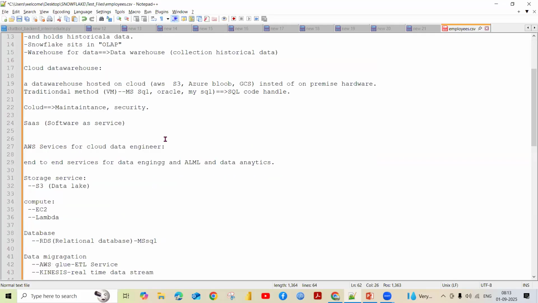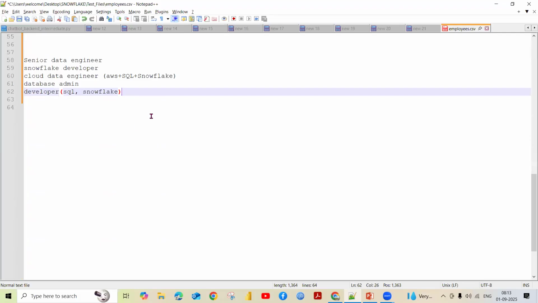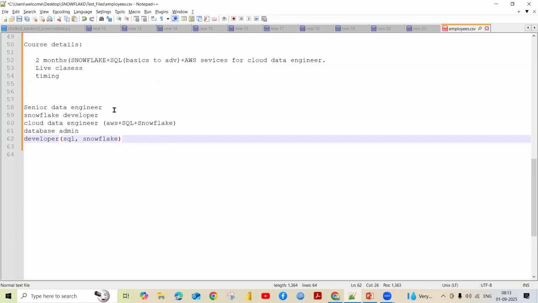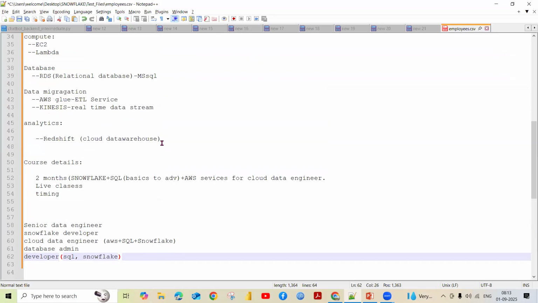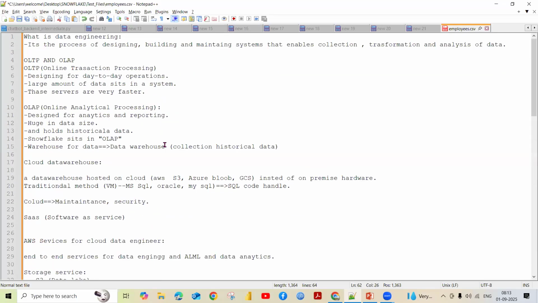Surely you will get one of these positions after the training, and if you learn one of these technologies you can surely get a related job.